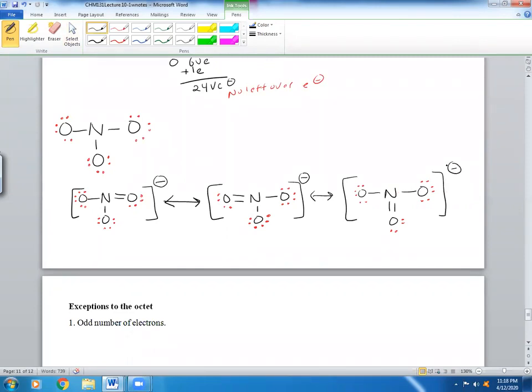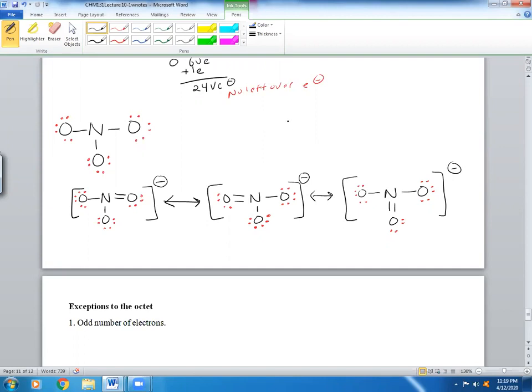Do I have a fourth one? No. I exhausted all of my options. So what would be the correct structure if I ask you on the test? You would say all 3 are in resonance, so they all describe the Lewis structure of nitrate.